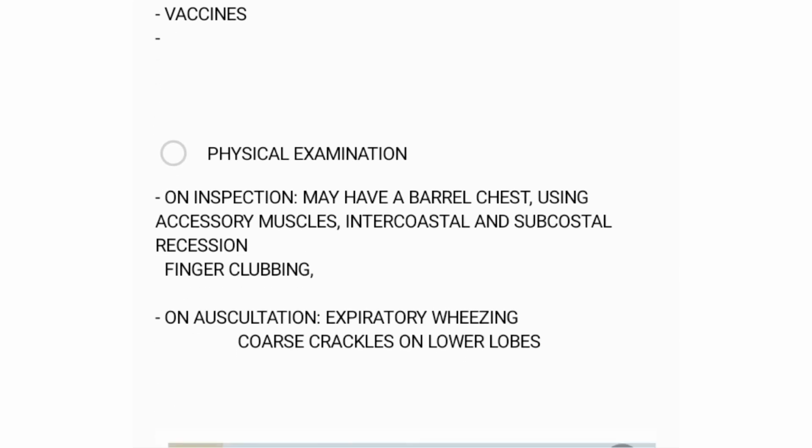Then in terms of physical examination, on inspection, they may have a barrel chest, and if they are in distress, they may use accessory muscles, with intercostal and subcostal recessions, and finger clubbing may be there. Then on auscultation, expiratory wheezing or coarse crackles on the lower lobes may be heard.